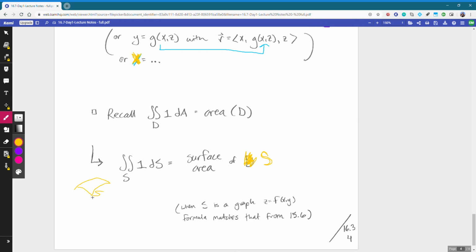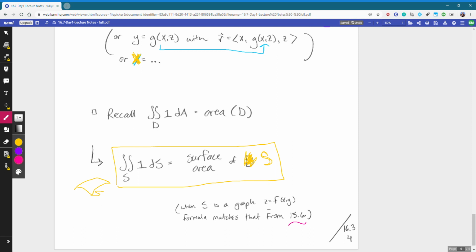If we have some surface S, we puff it up by 1, integrate that, that's going to hand us the area of this thing. And since this surface is floating around in 3 space, we use the language of surface area for what we're computing. So we have a nice general formula for the surface area. But you might recall that back a little ways in this semester, we actually did think about surface area for graphs of functions.